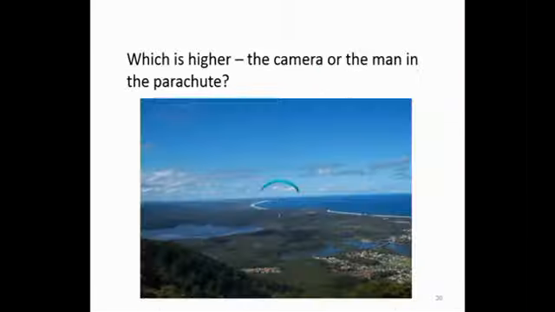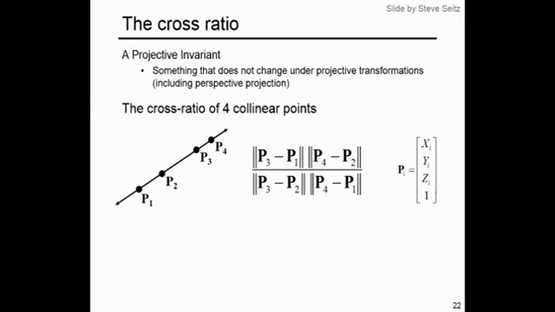If not, we have to use this one projective invariant, which is really difficult to say. It's basically the cross ratio of 4 collinear points.